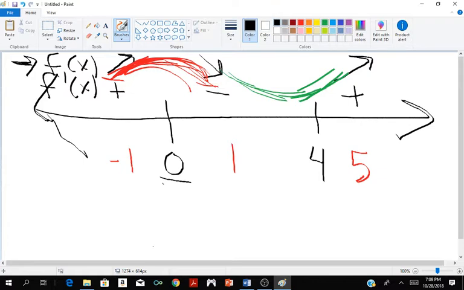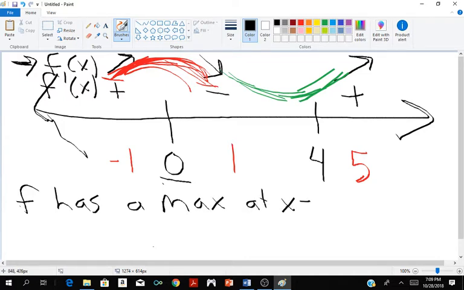So if I were to justify this answer, I would say, see if I can fit it down here at the bottom, f has a max at x equals 0 because, so let's talk about how we know f has a max. What would you say? Well, you might say, the derivative has a 0, therefore the function has to have a maximum there, but that's not quite true, is it?